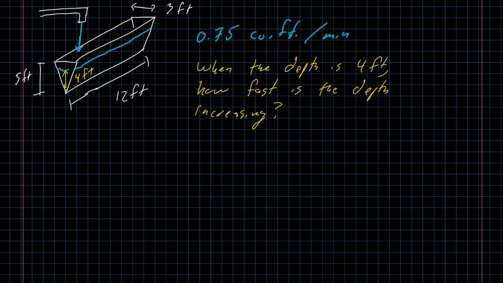The first thing I want to do is remember the formula for the volume. The volume of a prism is the area of the base times the height. Very often you'll see that a triangle is given as area 1/2 base times height.